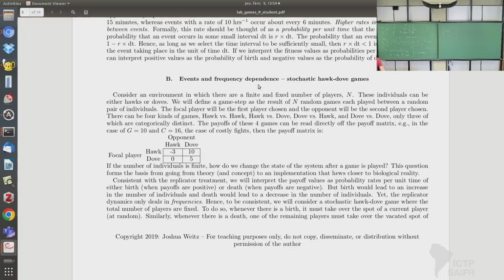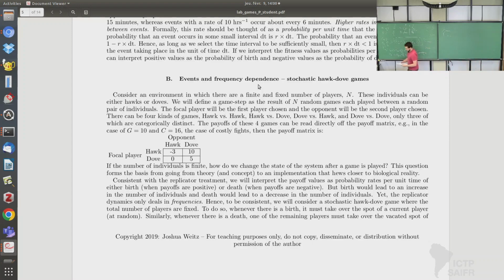Because everything you did so far is deterministic. So it would be nice for those who want to try some stochastic simulations. For those who don't, you can just keep doing the deterministic stuff, but I would like to give a little introduction to the stochastic thing for the others.